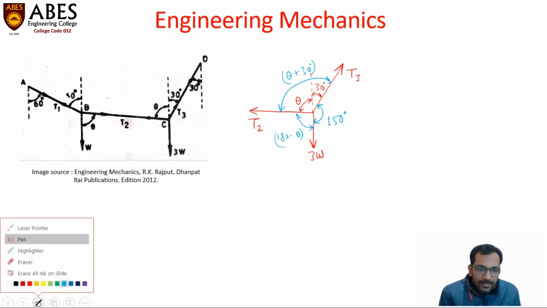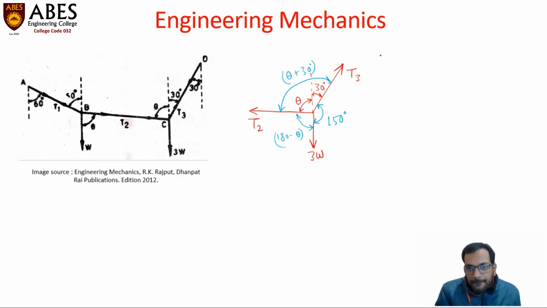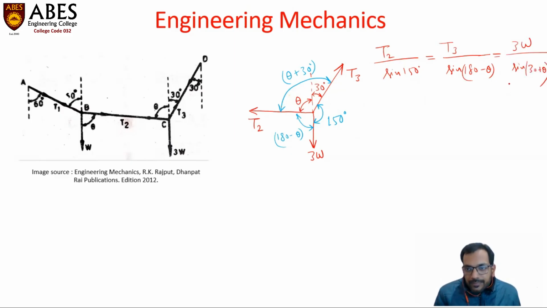Now we can apply Lami's theorem. So T2 upon sine 150 degrees is equal to T3 upon sine 180 degree minus theta is equal to 3W upon sine 30 plus theta.